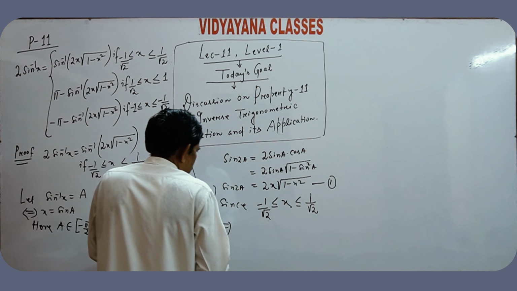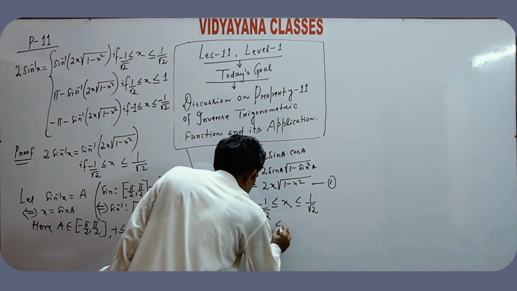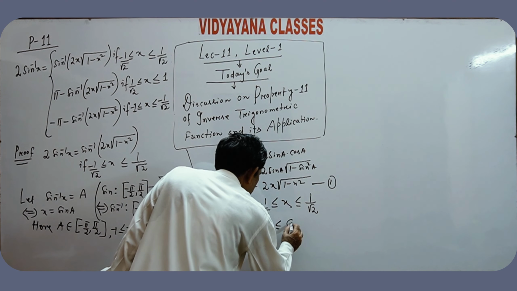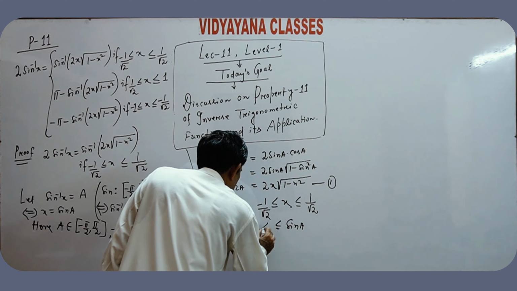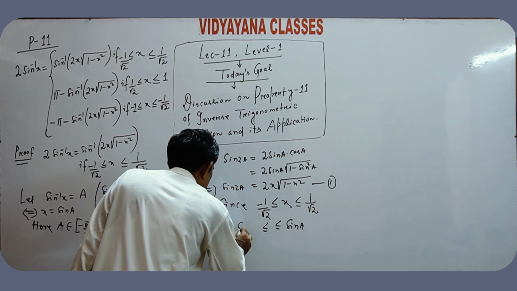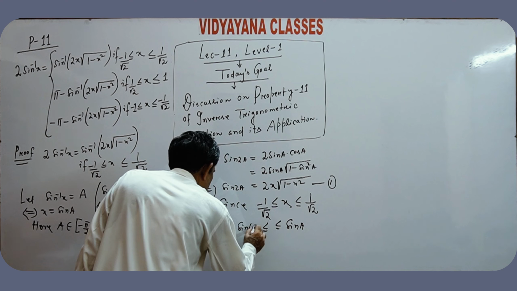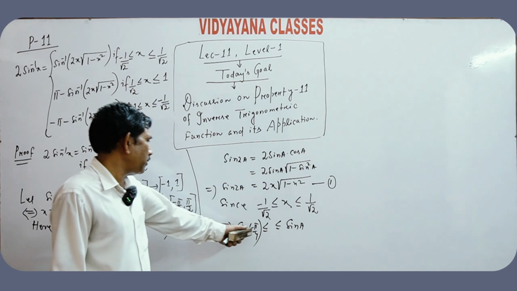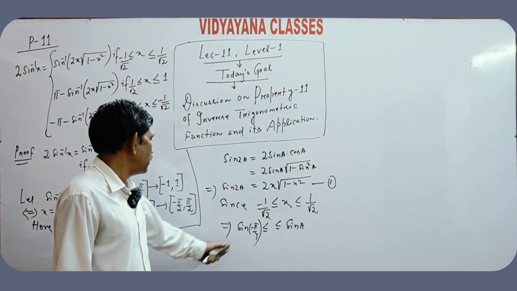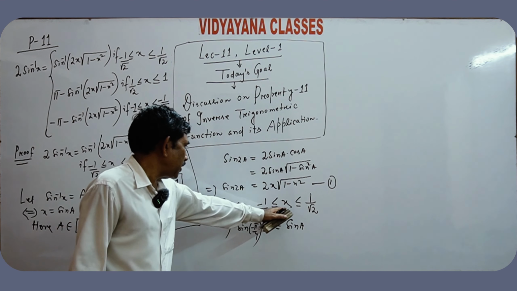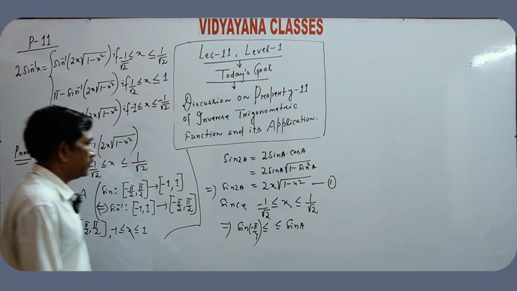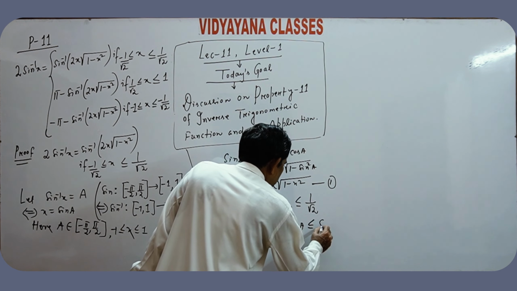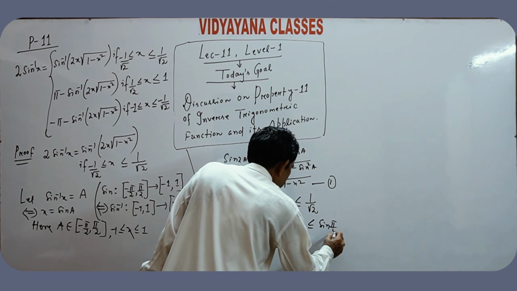What is the value of x? x is equal to sin a, greater than or equal to sin of minus pi by 4. Sin minus theta is equal to minus sin theta. Sin pi by 4 is equal to 1 by root 2. It is minus 1 by root 2. x is equal to sin a less than or equal to sin pi by 4.